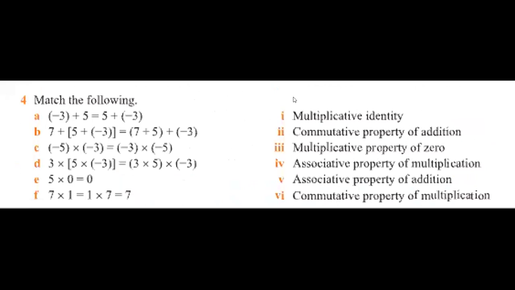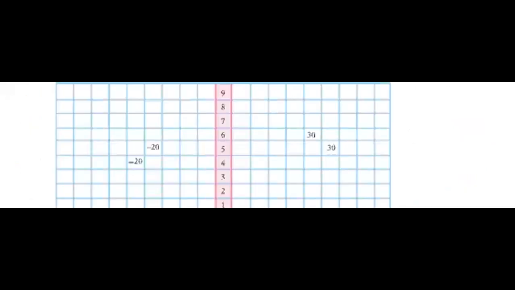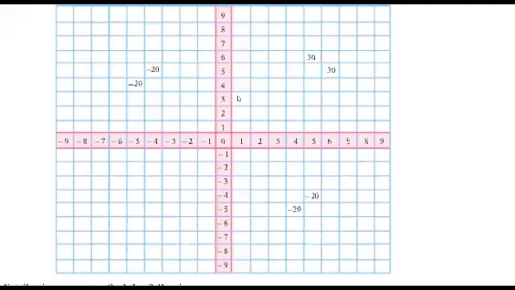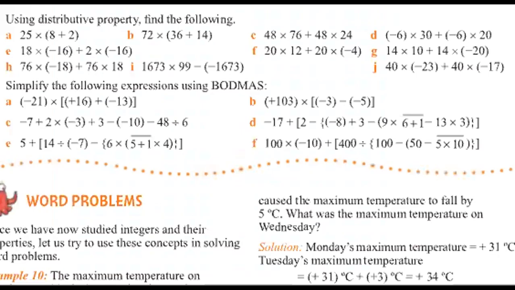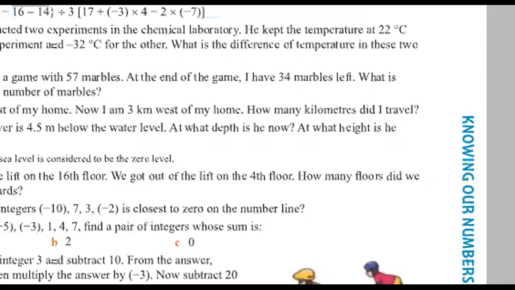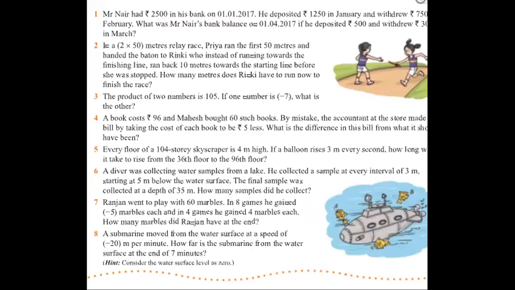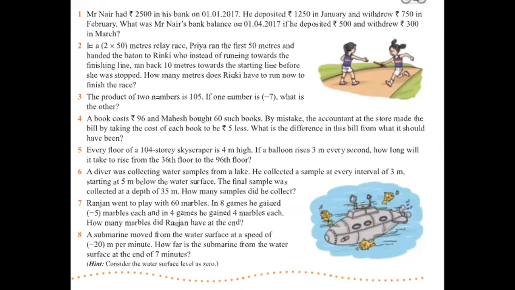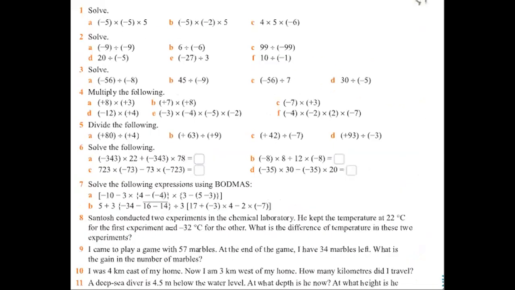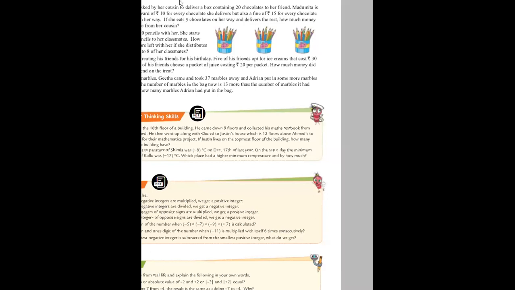This is just for an activity. You need to multiply the digits like this. You must be knowing this. Then the distributive property, you need to solve using the distributive property. And then these are some word problems. You can solve even this. And again, if you want, you can solve this as extra homework. And here are some more sums.